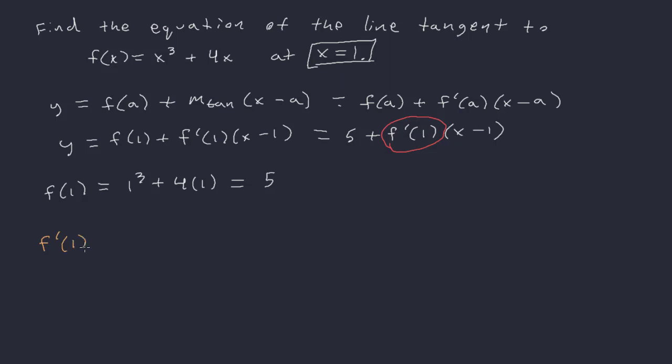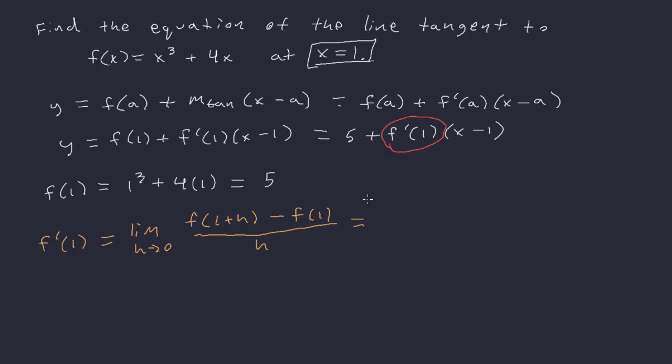So f prime of 1, we can use either of the limit definitions of the derivative. I'm going to use the h going to 0 one. So it will be f of 1 plus h minus f of 1 all over h. Well, we already know what f of 1 is.